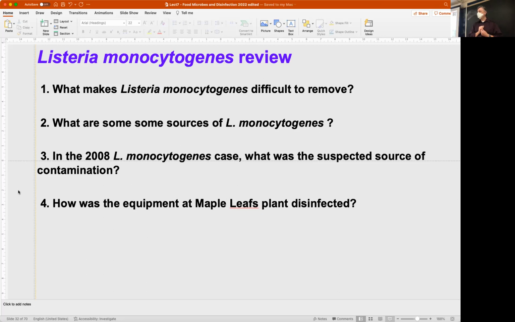If you cook it, you kill off the bacteria, but not the toxins. Yes, the toxins can still make you sick, even though you've cooked them. So how are those reactivated?